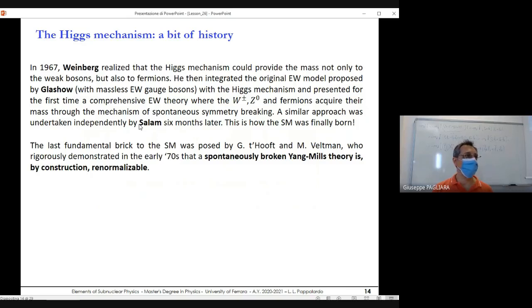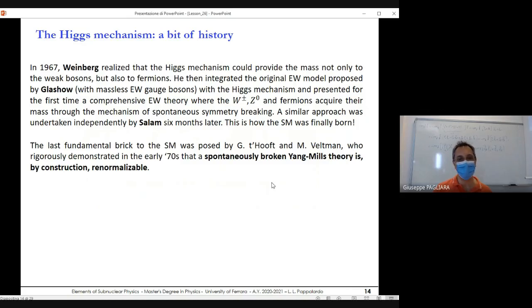There was still some missing proof for the standard model to become a real physical theory. The proof that was missing at the time is that it is a renormalizable theory. We are studying renormalization in the QED sector, but this applies to any gauge sector. A theory which is not renormalizable, so a theory which provides infinities, is clearly a non-physical theory. So it can only be an approximated model or even something wrong. In order for the standard model to be the theory, it also has to be renormalizable.